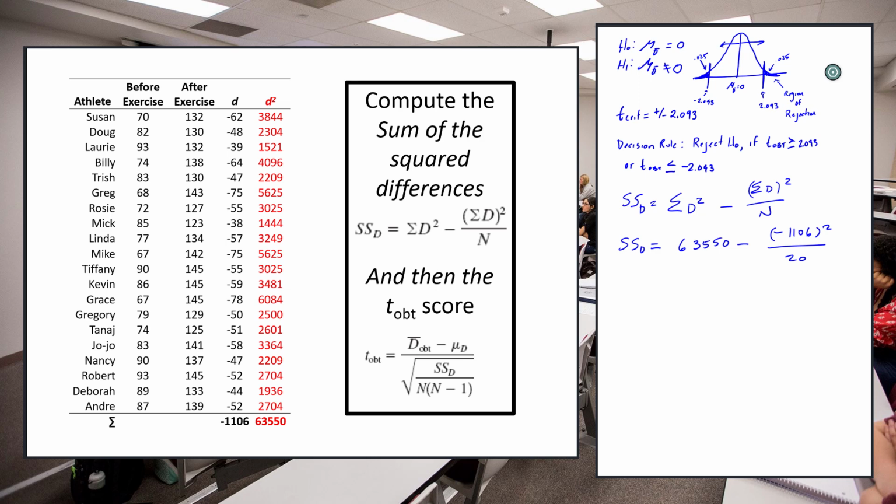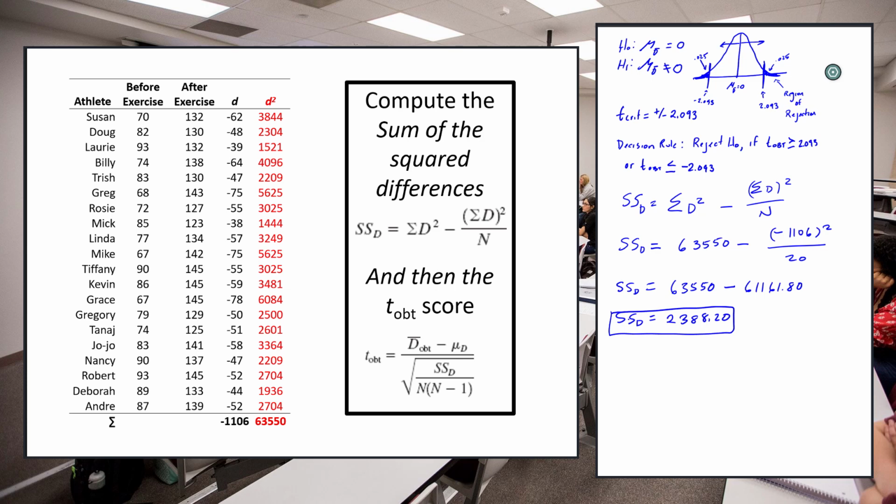Okay, and then that means SSD is equal to 63550 minus 61161.80. And this resolves down to 2388.20. So this is our sum of squares for the differences.